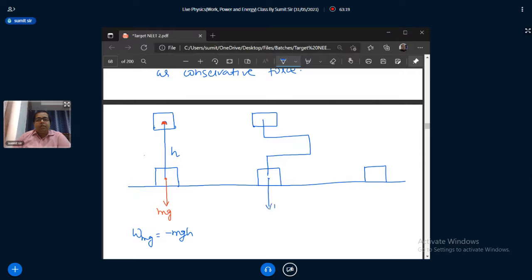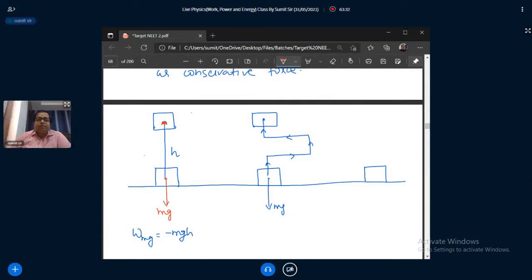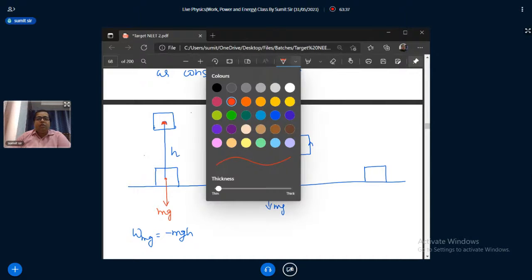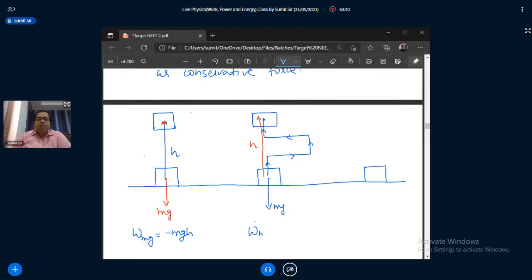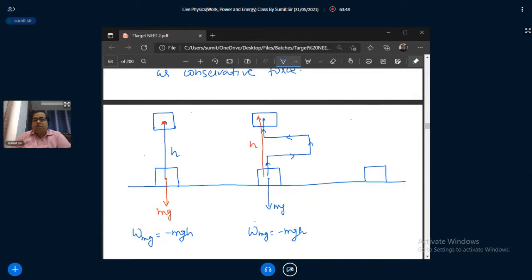Still mg is acting downward. The path is not same, it's a different path. In that case, the displacement is still the same. This is the h vector. So now the work done by mg is again equal to minus mgh. Or even if the path is zigzag, just like this, the final point is this.